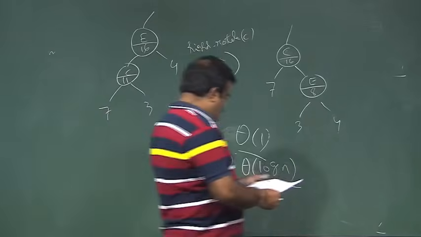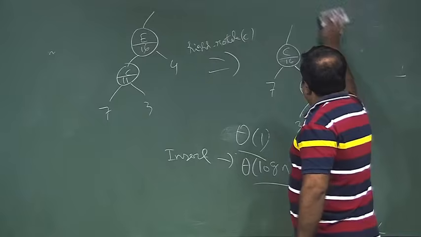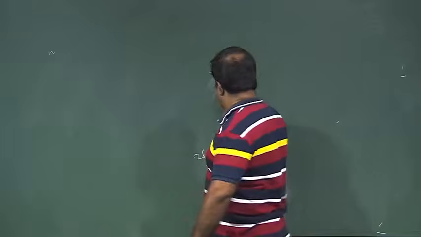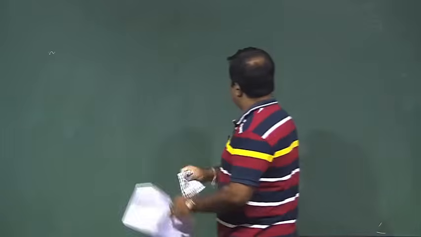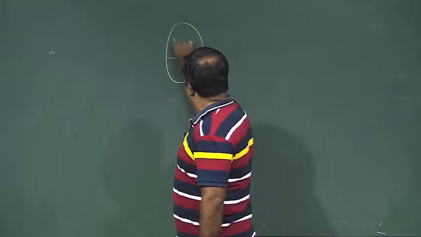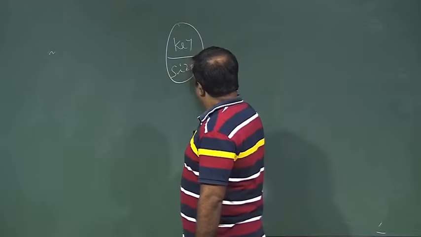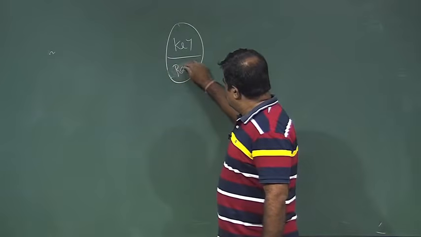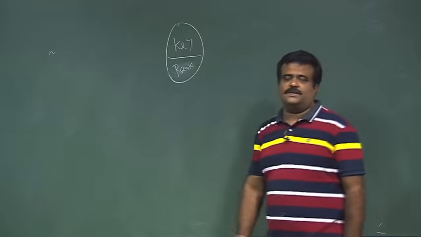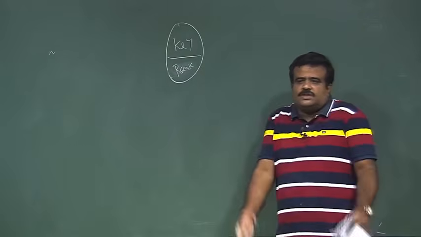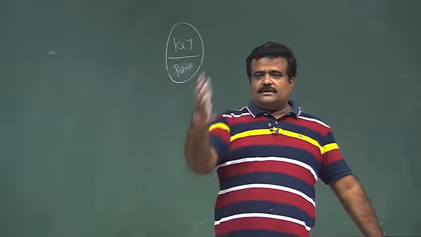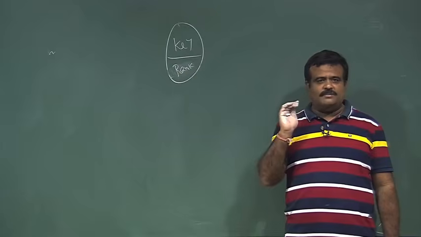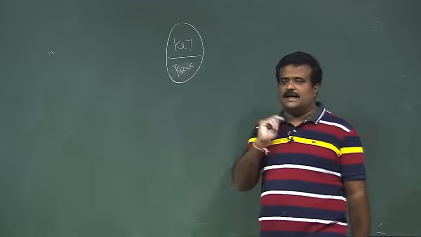Okay. So, now the question is, instead of storing the subset size, so our augmentation is, we have the key value and here we are storing the subset size. Now, if we just store the rank itself, what is the issue? If we store the rank, it looks easy to search the ith smallest element, since we need to search the element whose rank is i.